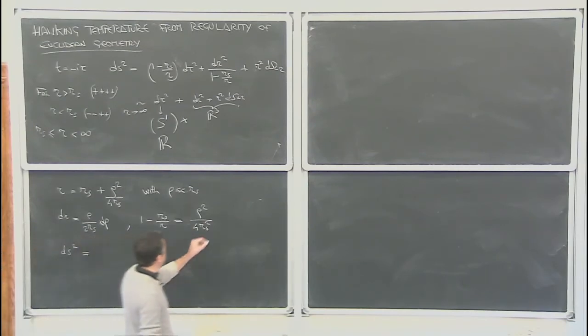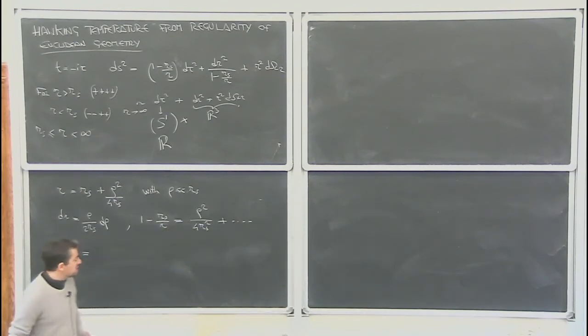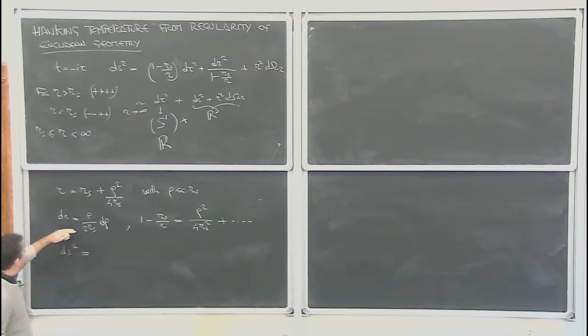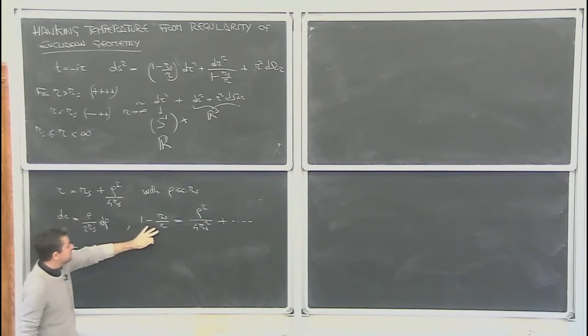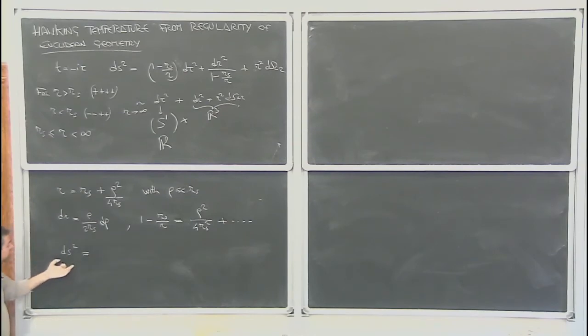This is at leading order. Everything else is exact, but this is a leading order term, because I'm interested only in what happens around Rs, so I do the expansions at leading order.